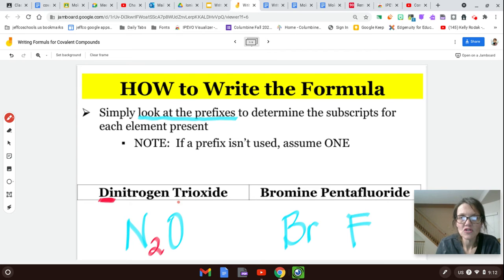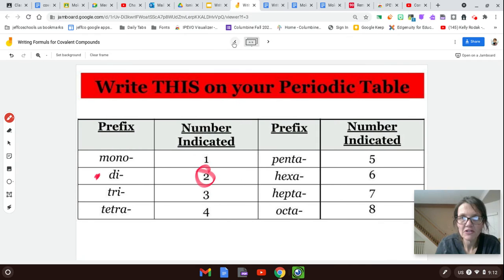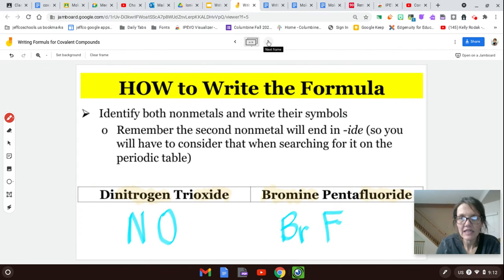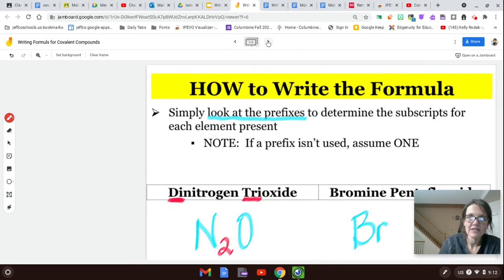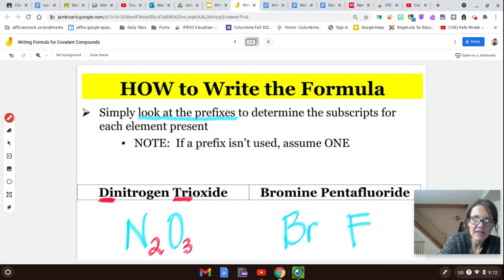And then it says trioxide. So here's our other prefix. Remember what the tri prefix means? Like a tricycle. All right, let's go back and look at your chart on your periodic table. Tri refers to 3. See? So easy. So then we just put a 3 after the oxygen.